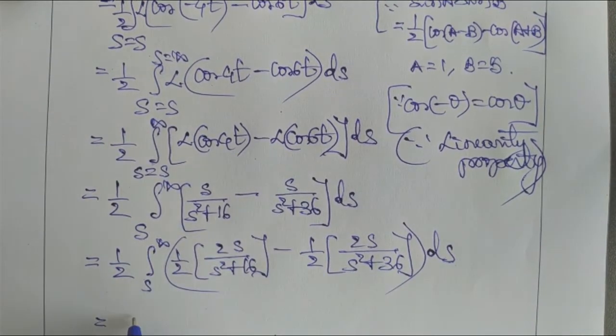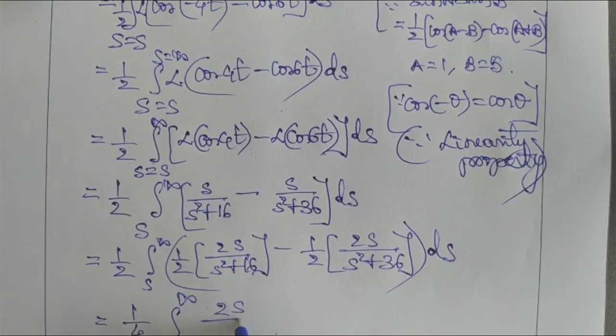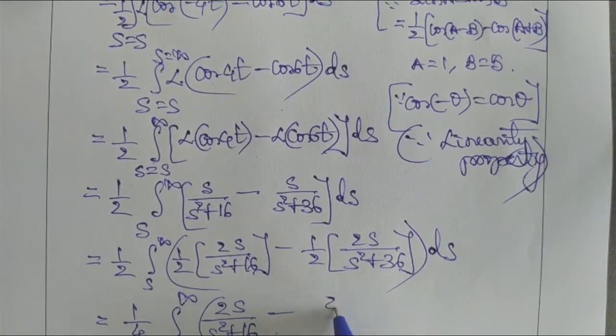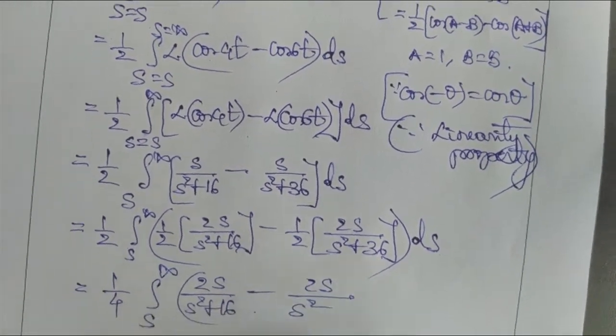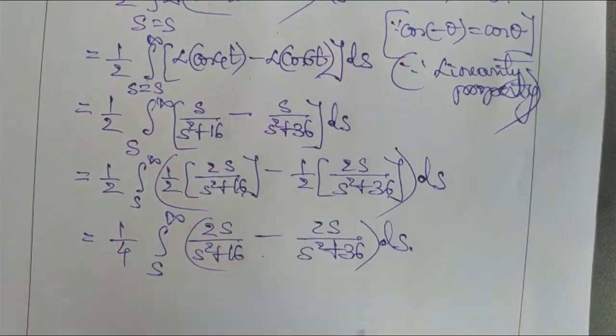The half is common, take it outside: 1 by 4, integral from s to infinity, of 2s divided by s square plus 16 minus 2s divided by s square plus 36 into ds.